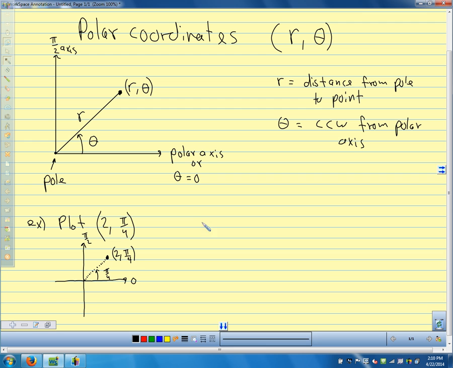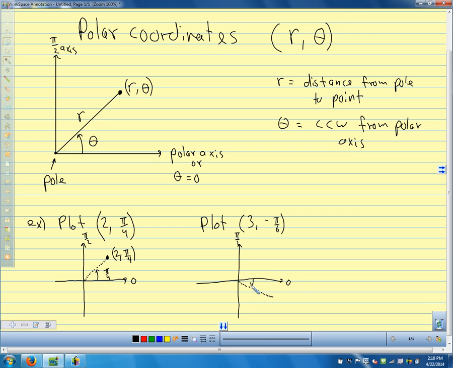And if we wanted to plot another example, (3, negative pi over 6). That's saying we're going clockwise. So there's my pi over 2 axis and my polar axis.